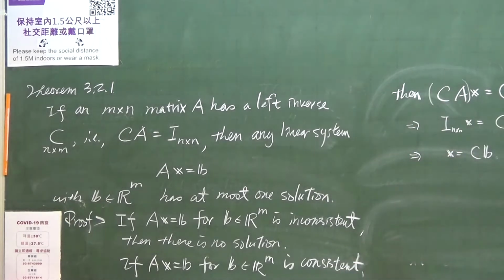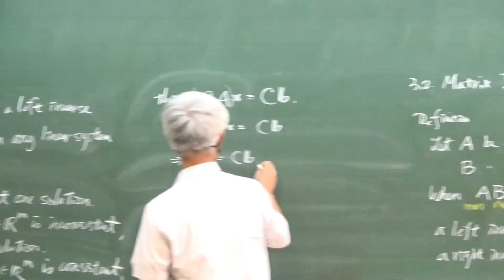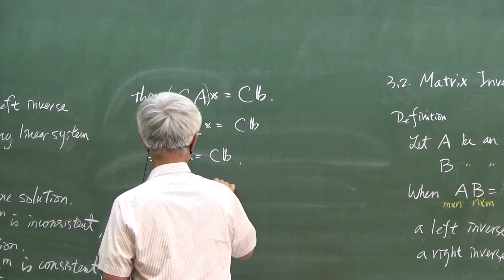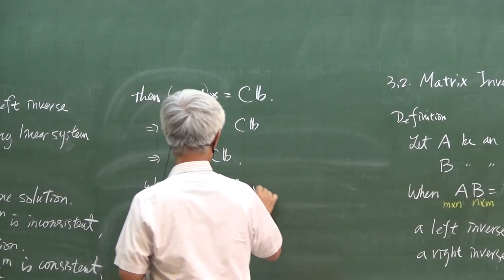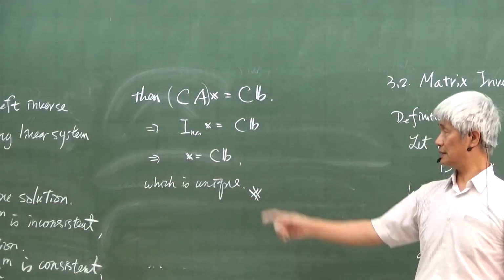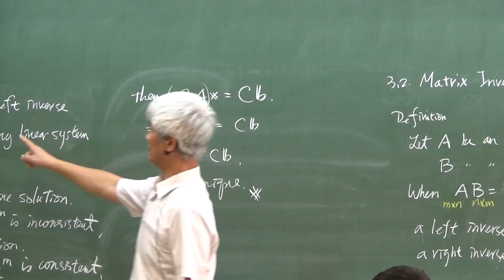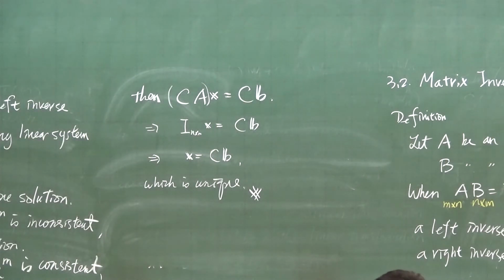So X must be C times B, so it's unique. There are no other solutions, just this one solution. So the result in theorem 3.2.1 is easy.